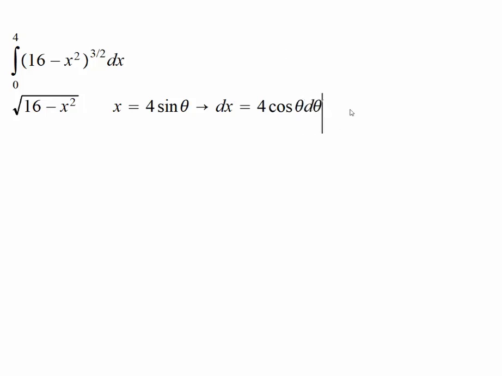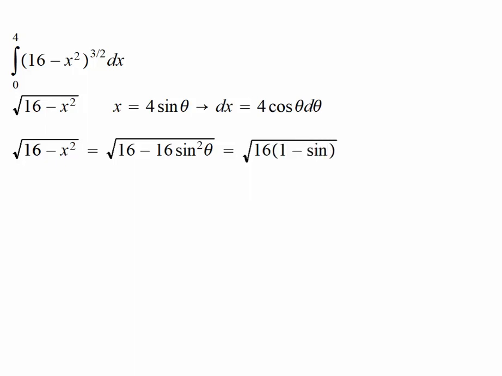Then 16 minus x squared is the square root of 16 minus, with x being 4 sine theta, the square would be 16 sine squared theta. So this will be the square root of 16 times 1 minus sine squared theta.